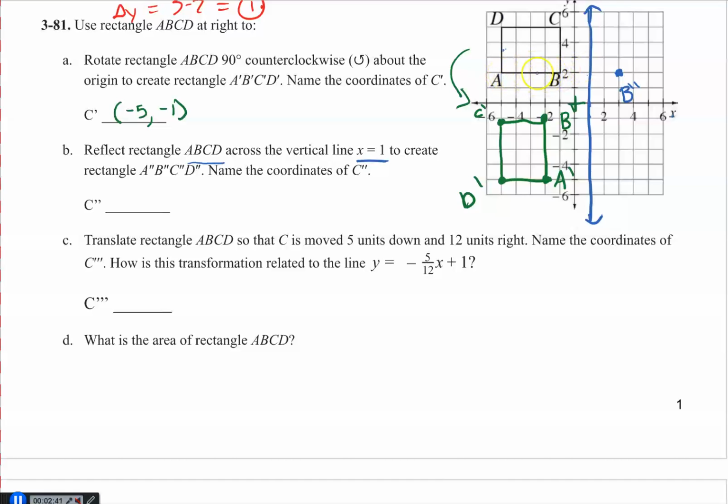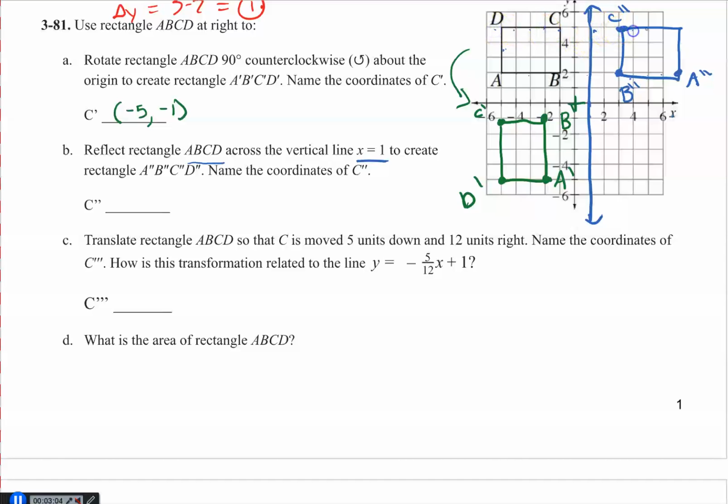And we've got A, which is going to be a little bit off the graph. And then you just redraw it as a mirror image, C double prime, A double prime. And then D is going to be 1, 2, 3, 4, 5, 6 units away from this line of reflection.